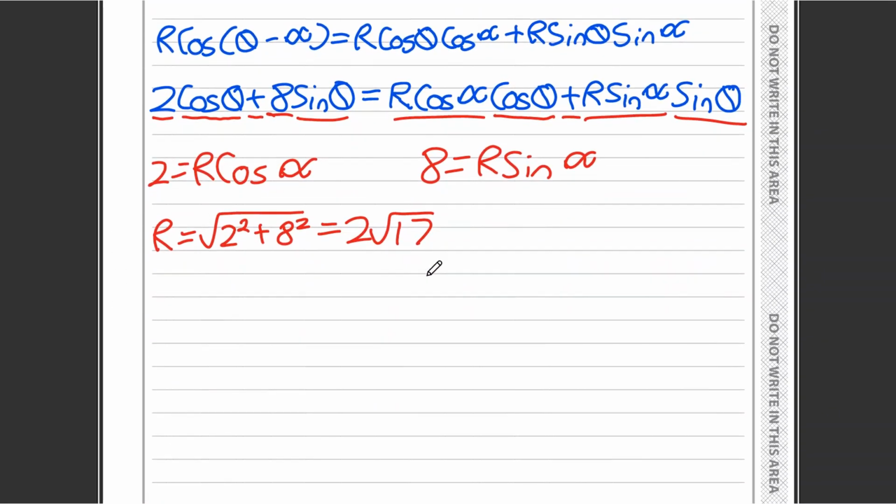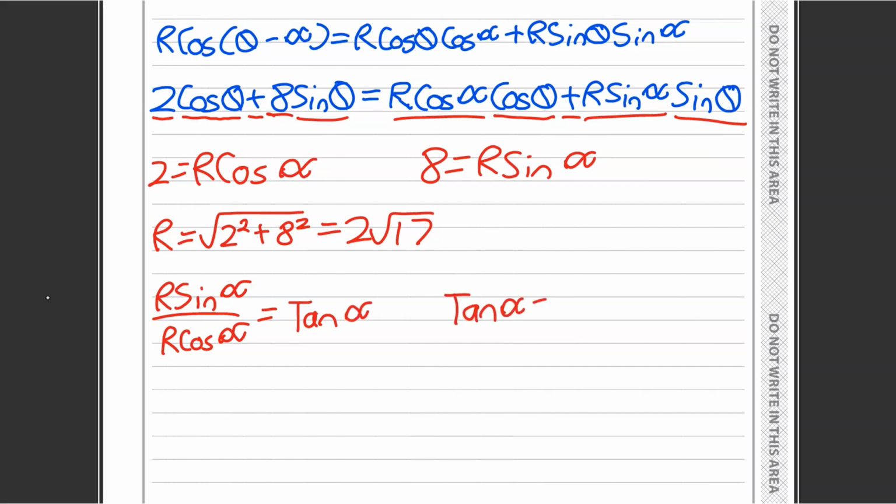So this is r, it wants the exact value of r, so we'll leave it as this here. To find alpha, remember that r sin alpha over r cos alpha, so these r's will cancel out, and sin alpha over cos alpha is equal to tan alpha. So therefore tan alpha is equal to r sin alpha, and r sin alpha is 8, over r cos alpha, and r cos alpha is 2, so this is 8 over 2.